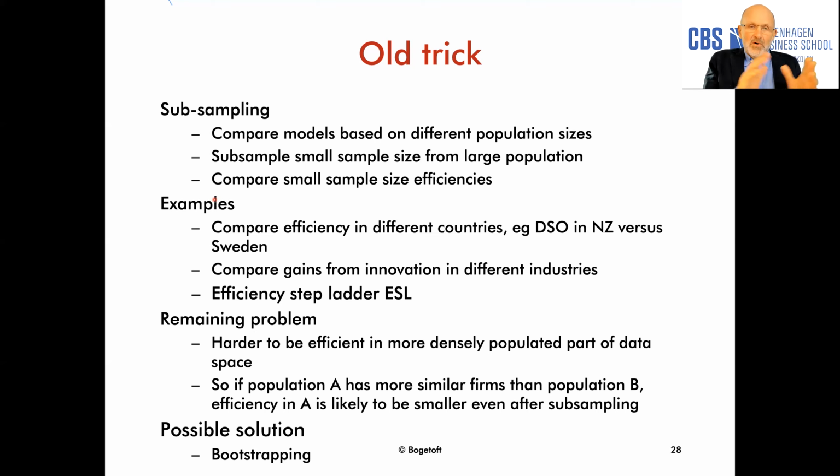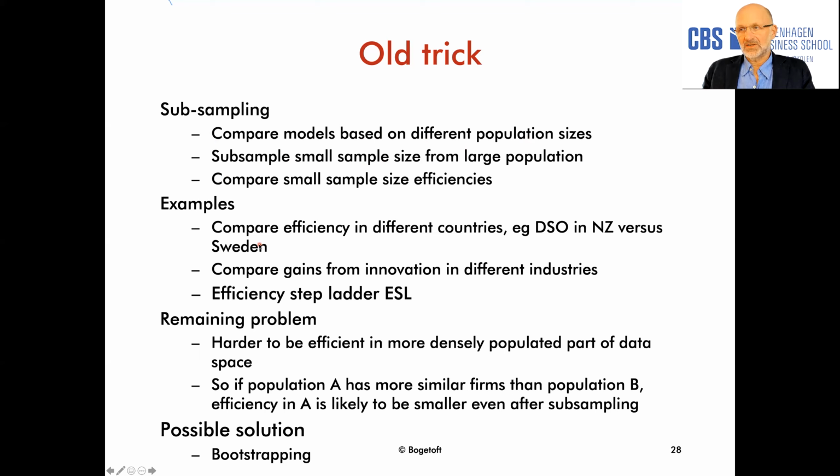So it's basically the smallest population that determines what kind of subsampling you can use, and you just replicate the small samples in the big by subsampling in the big sample. Okay. So to compare models based on different population sizes, you subsample a small sample size from the large population, and then you compare the small sample size efficiencies, because now they're comparable.